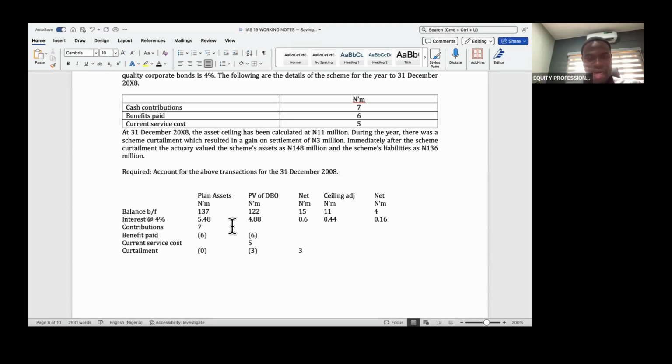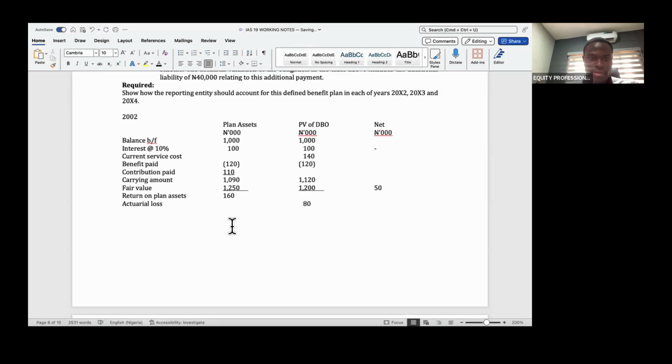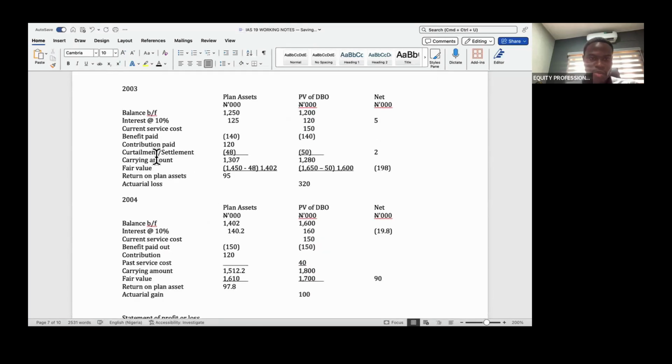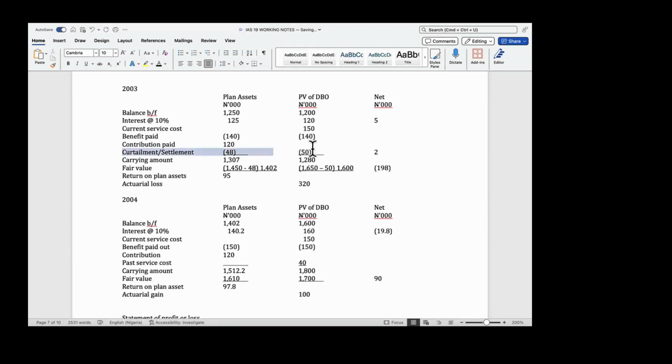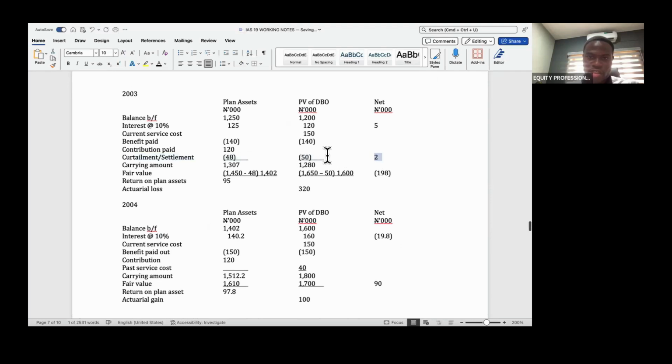If you remember, there was one we solved. Where is it? This one. That we had a gain on settlements. You will see that the obligation was 50. The asset was 48. So an obligation of 50, we settled it for just 48. So we are making a gain of 2.